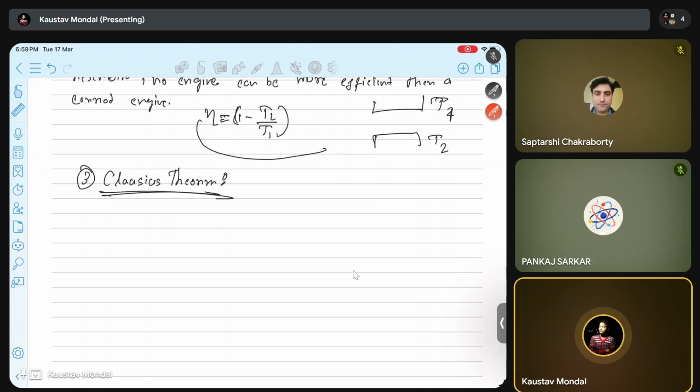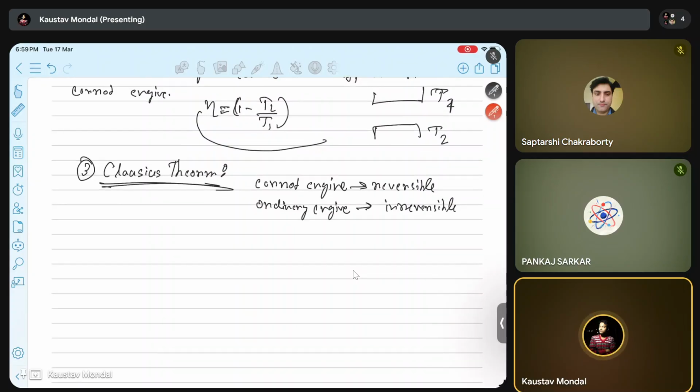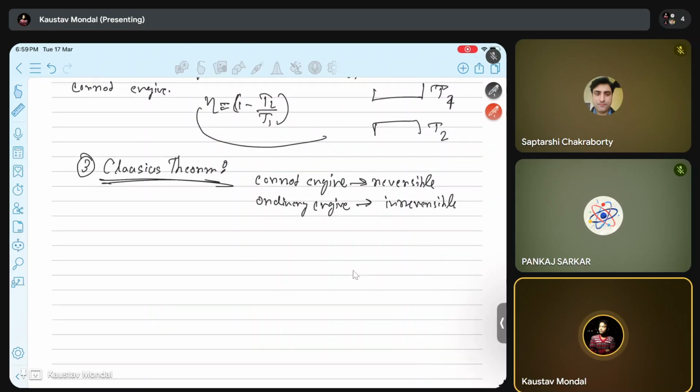One is the Carnot engine, where the engine is reversible, and there is another engine, the ordinary engine, that is irreversible. The process involved with the ordinary engine is irreversible. Let's suppose for the Carnot engine the efficiency is given by eta C, and for the ordinary engine by eta E.